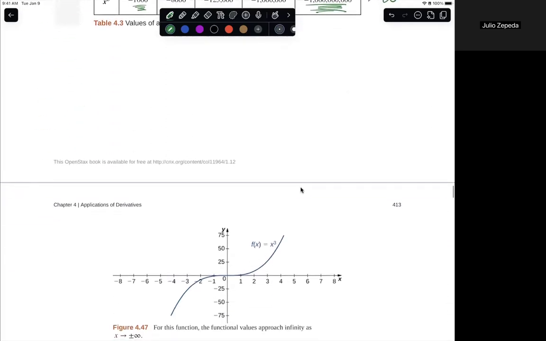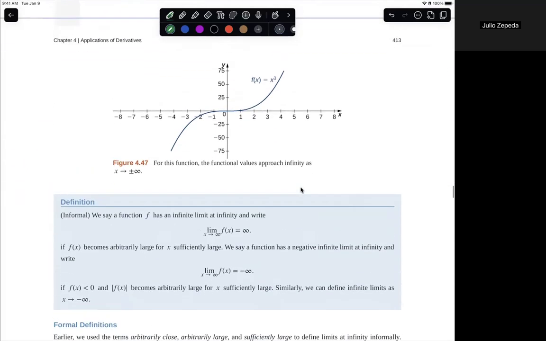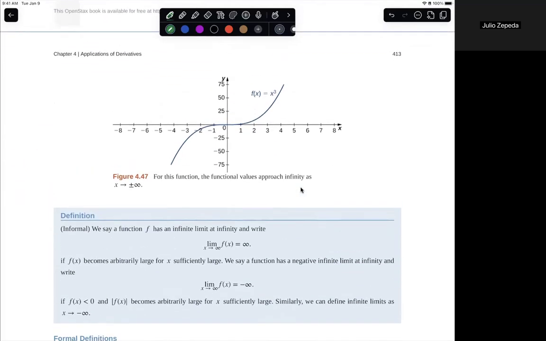Okay, so let's see, there should be some definitions here. Here we go. We say that a function f has an infinite limit at infinity and write the limit as x approaches infinity of f of x equals infinity if f of x becomes arbitrarily large for x sufficiently large.